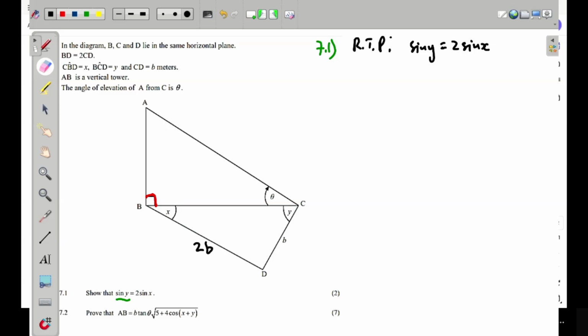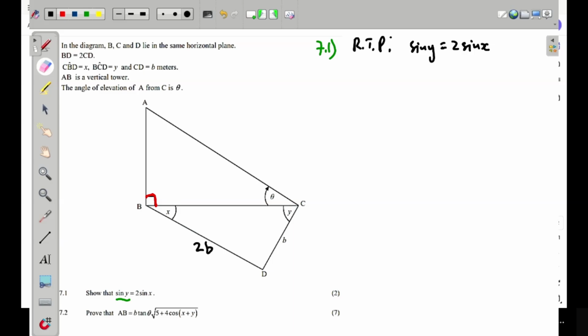So you have sine y. Look at y. y is in the horizontal plane, in triangle CBD. You also need a sine x. Guess what? The angle x is in triangle CBD. You need a 2. Well, we can see one side is double the other. So this is surely happening in triangle CBD.